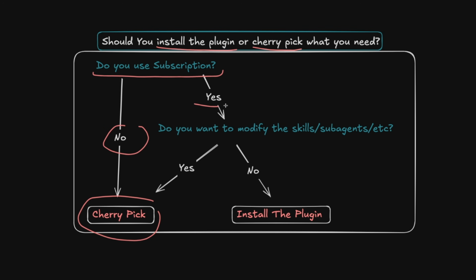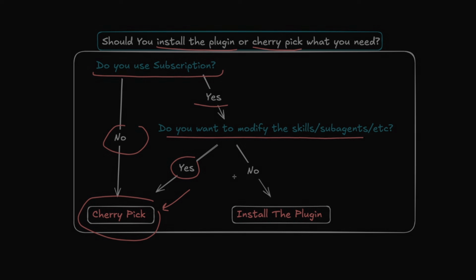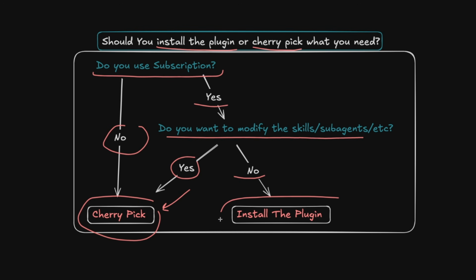If the answer is yes and you have a subscription, we need to move on to the next question. Do you want to modify the skills, the subagents, or the rest of the files? If the answer is yes, go with cherry picking and make sure what you add is relevant and customized for you. If the answer is no, you can install the plugins and you won't have any usage limits issues.